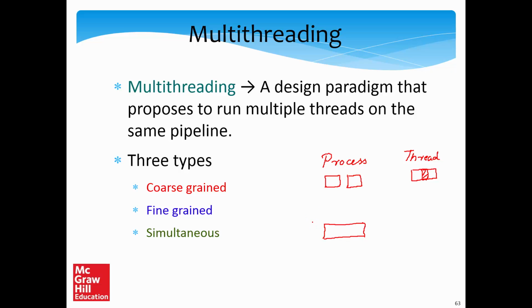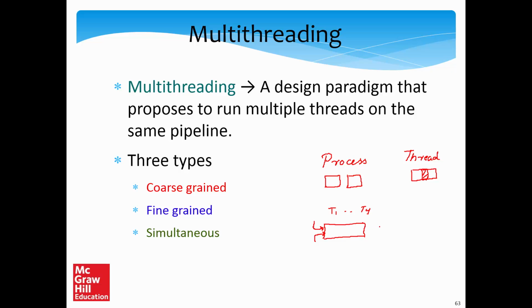In a multi-threaded system, a single pipeline can execute instructions from multiple threads at once. So inside the pipeline, you will have instructions not just from one thread, but from multiple threads. For example, if there are threads T1 to T4, you'll have some instructions of T1, some of T2, some of T3, and some of T4. So the pipeline will know how to execute instructions for all of these four threads.